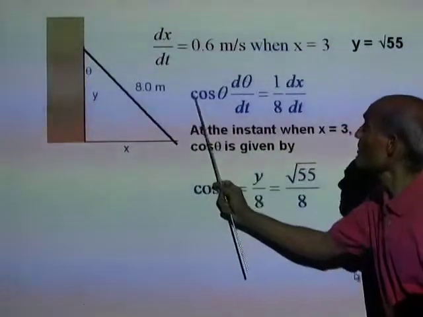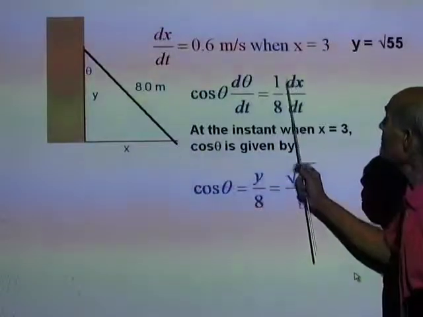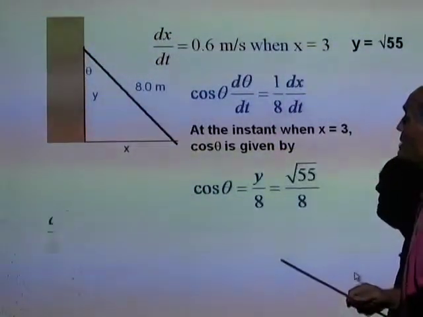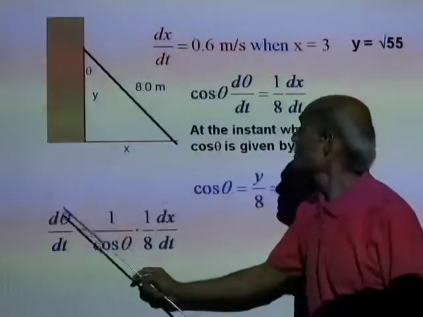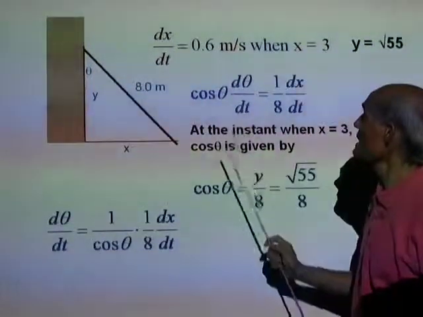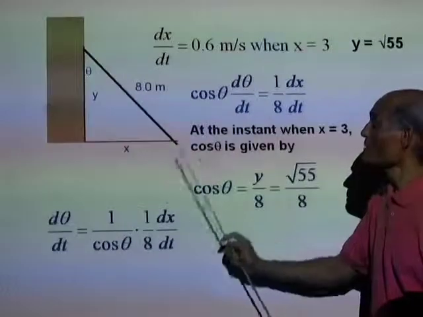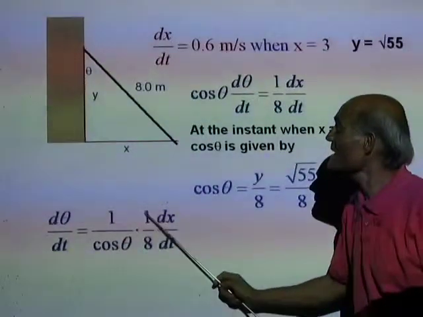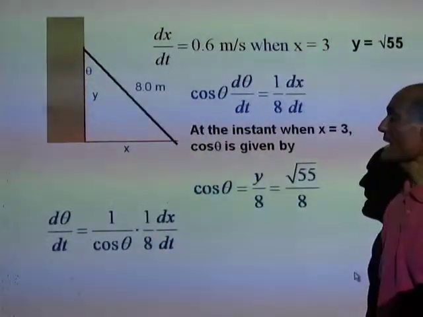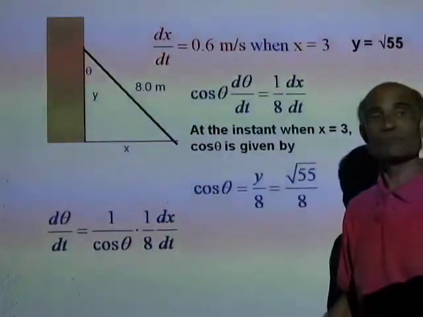So, we have the value of cos theta, we have the value of dx by dt, and therefore d theta by dt equals, dividing both sides by cos theta, 1 over cos theta times 1 over 8 dx by dt.